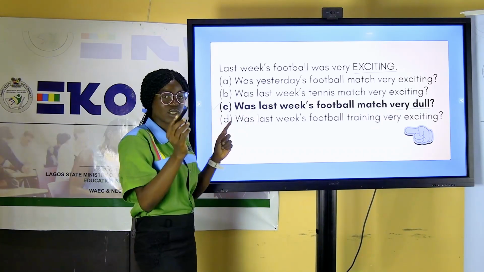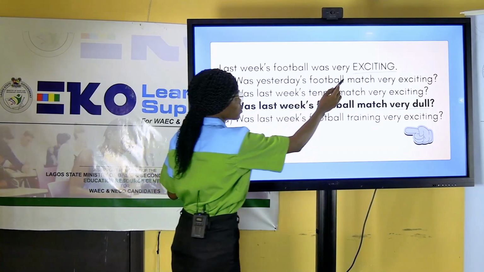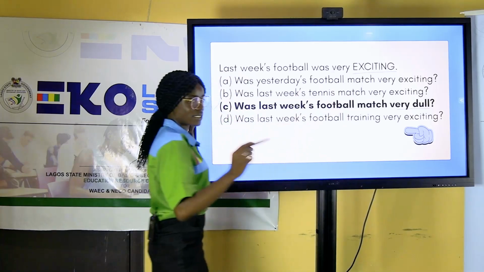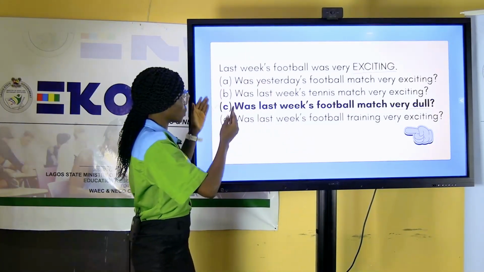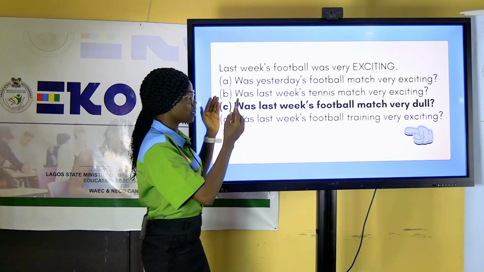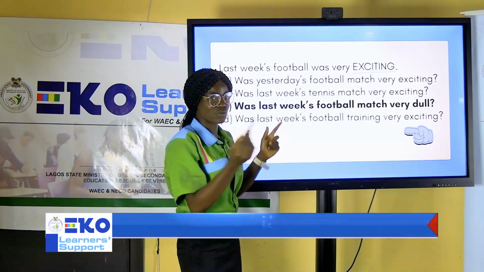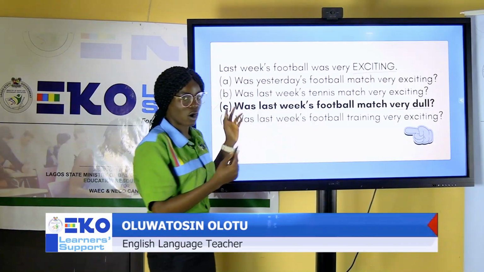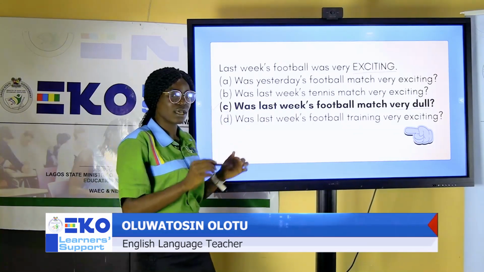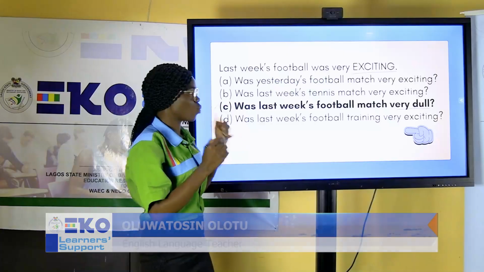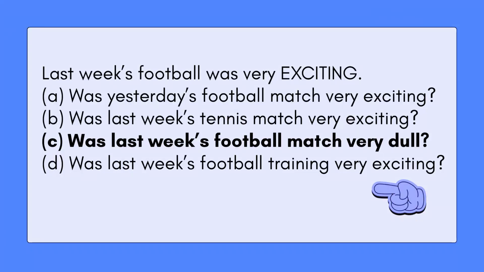What the speaker wants you to pay attention to is exciting, and that is why it is written in capital letters. Now, if you look at options A, B, D, exciting is written in all the other options. But for option C, we have very dull, which means that it contradicts what the speaker is drawing your attention to.